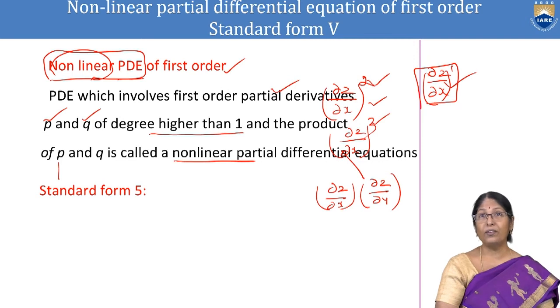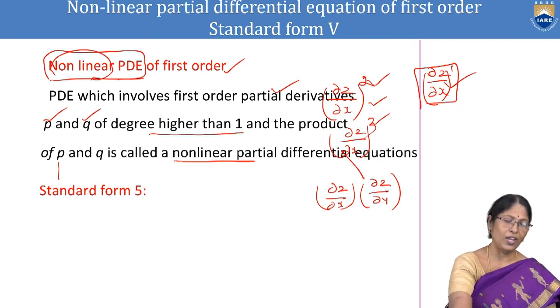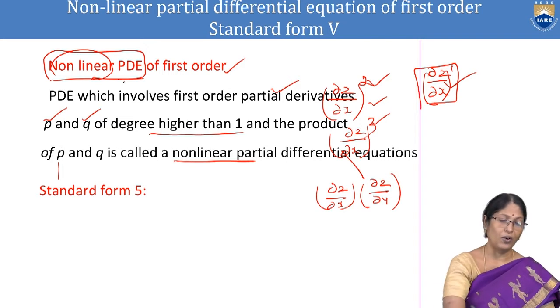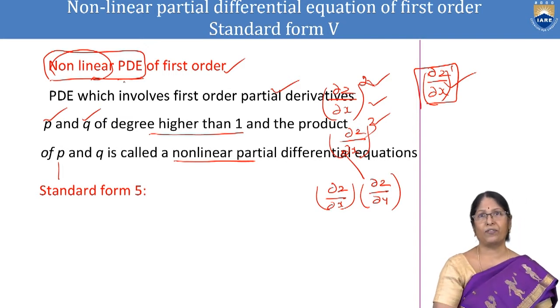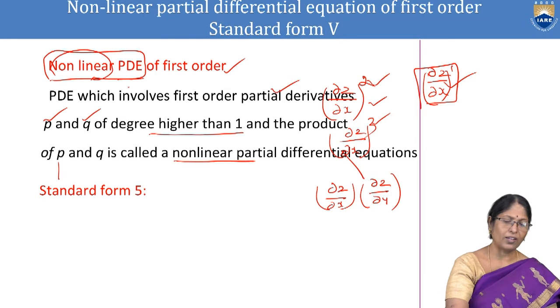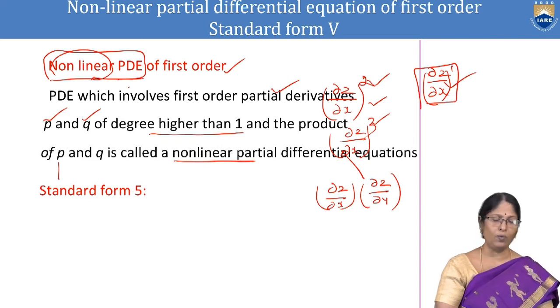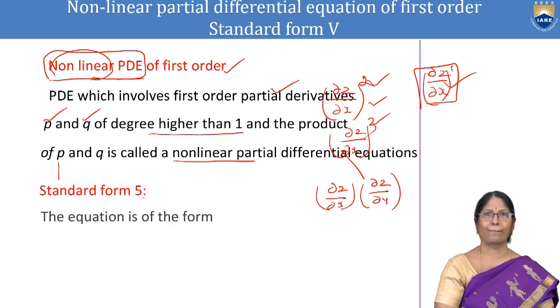Those physical significances are written in terms of non-linear partial differential equations. How to solve them? There are some standard forms, and using some methods we are going to solve them. Specifically, we are now going to deal with standard form 5.